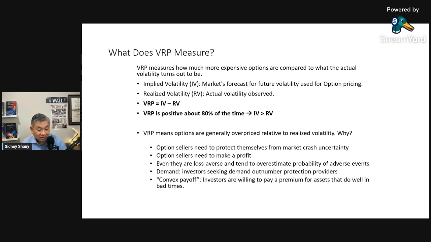And there is also this concept of convex payoff, right? You don't need to get into the details of what this means, but just for your information, investors are willing to pay a premium for assets that do well in bad times. Many investors want that, right? In a moment where everything's crashing, you want an asset that's going up in price, and you can use options to do that.